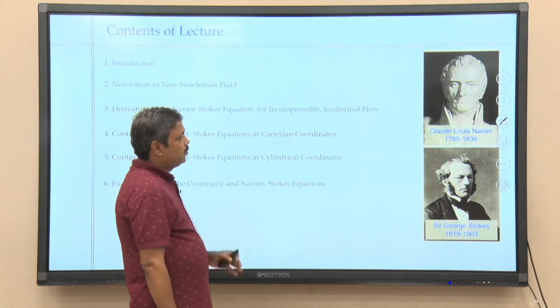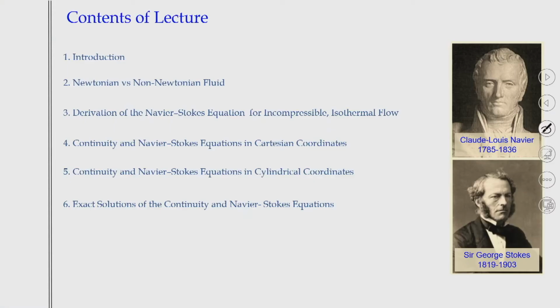Now, who is Navier and who is Stokes? Claude-Louis Navier was a French physicist, almost 200 years back, and George Stokes was a mathematician from England. Both derived the Navier-Stokes equations independently.